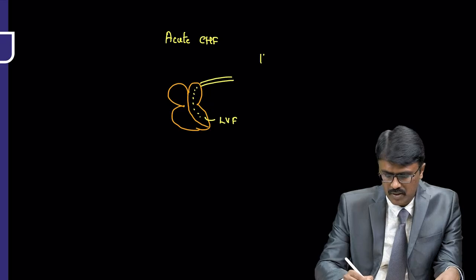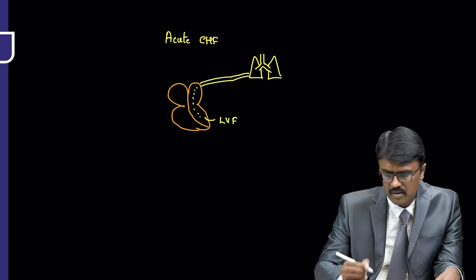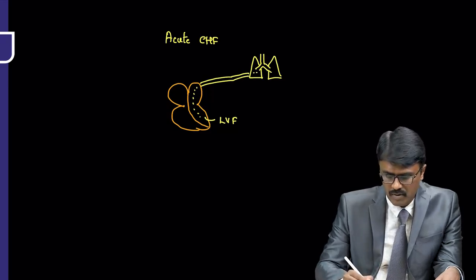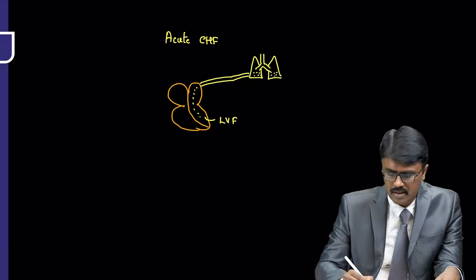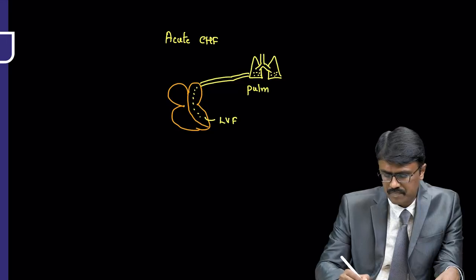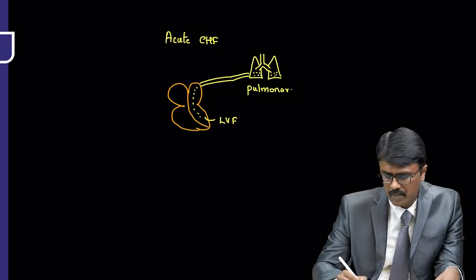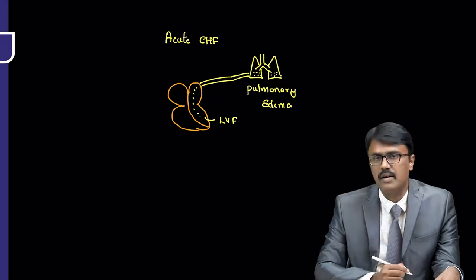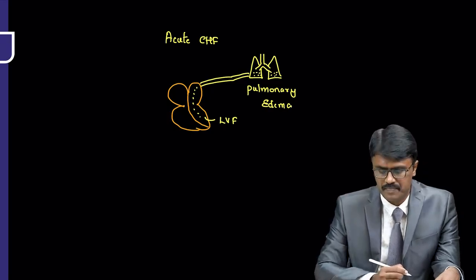So let me draw the lungs. The back pressure is given to the lung and the edema fluid accumulates in the lung. So we call it pulmonary edema. So when the left ventricular failure occurs, there is pulmonary edema.